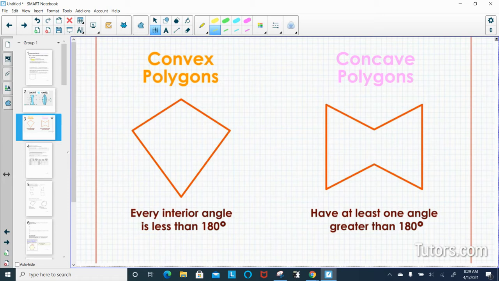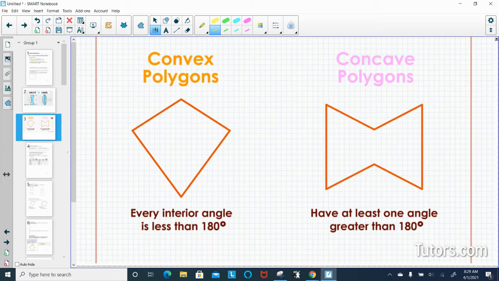Now, geometrically, when we talk about this in a geometry context, we're talking about the size of the angles inside the shape. So when we talk about convex, we're talking about every angle inside is less than 180.